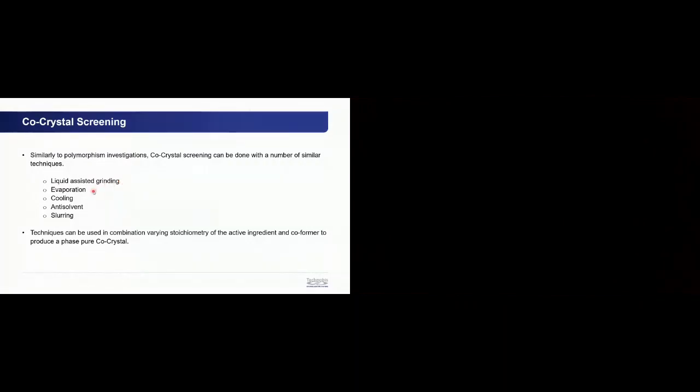Evaporation: by driving off the solvent, you generate your supersaturation and take out your co-crystal. Cooling: again, decreasing the temperature and driving supersaturation. Anti-solvent: by changing the solubility of the solvent system completely. Or slurrying, by ripening the solids in suspension. These techniques can be used in combination, say with varying stoichiometries of active ingredient to co-former, to be able to produce a phase pure co-crystal.